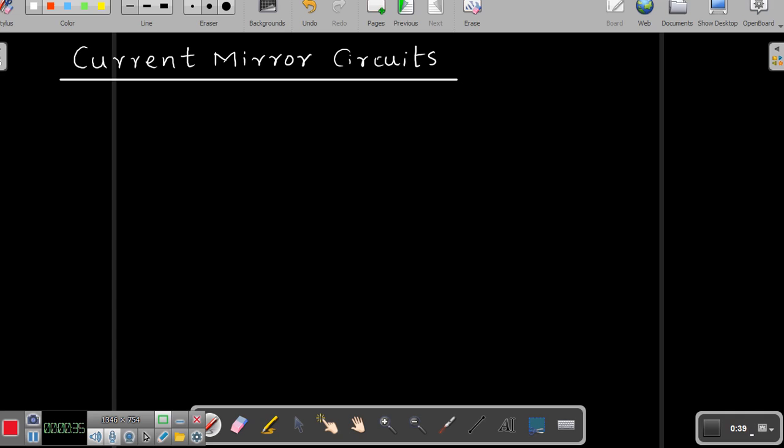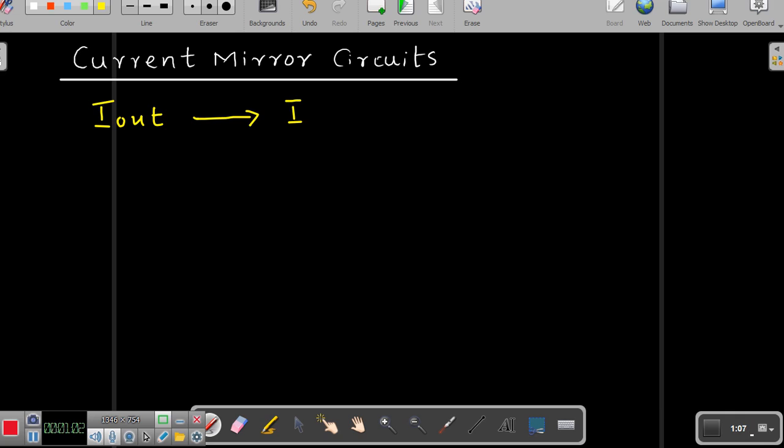Basically, when you look at this definition of the current mirror circuit, there will be some output current which will be a mirror of some reference current. Let me take this as I out, the output current, which will be the mirror image of some input current.